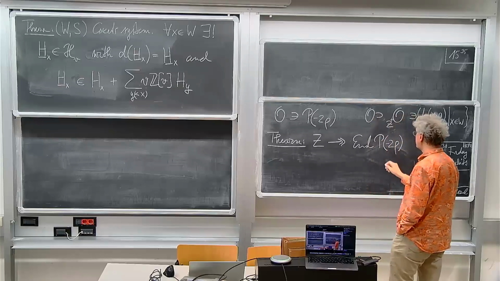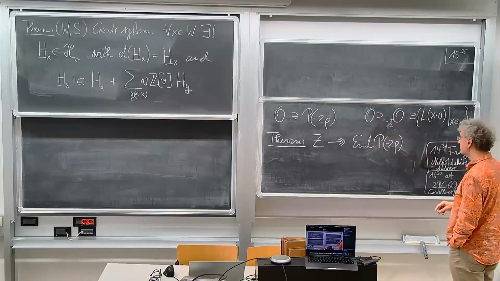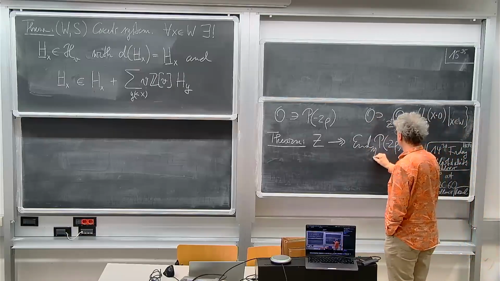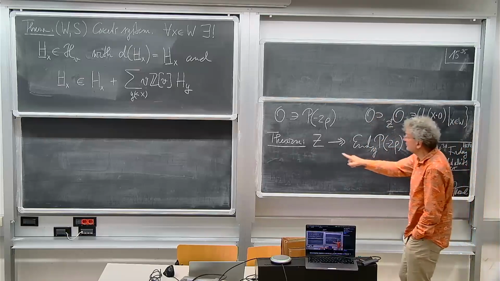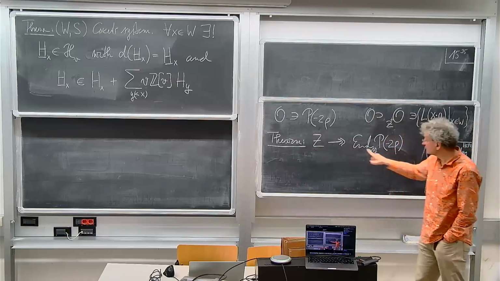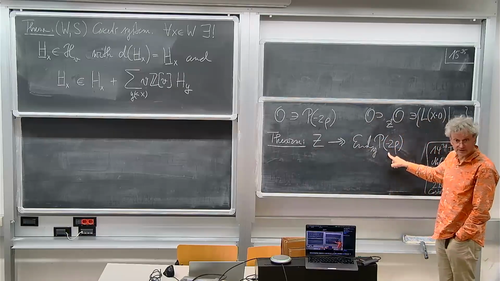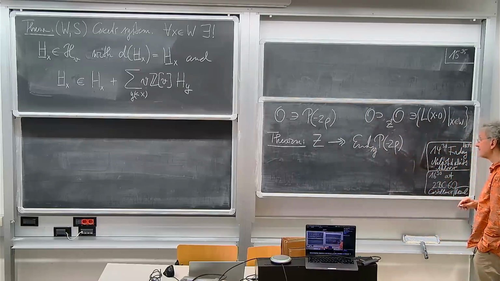It's called antidominant because this weight is sort of the opposite of dominant. This is the center of the enveloping algebra. It acts on any representation, and here it just gives all endomorphisms of this guy.